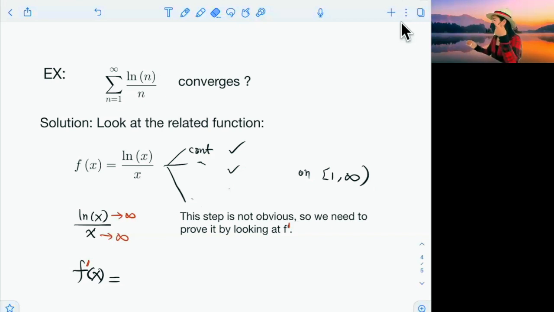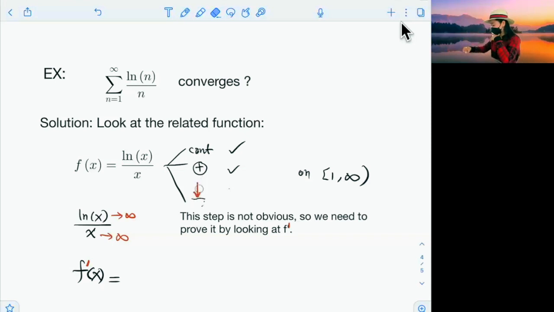The second one, positive. Is it positive? It is on 1 to infinity, because ln of 1 is 0, so the first term will be 0, but after that it's all positive. That's okay because we only care about positive eventually. What's the last one?